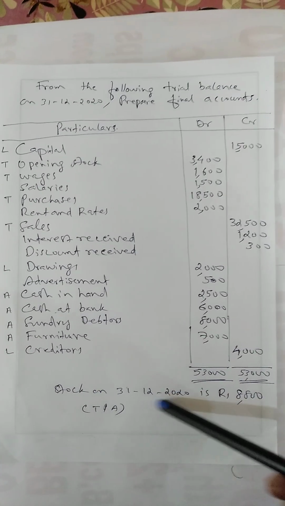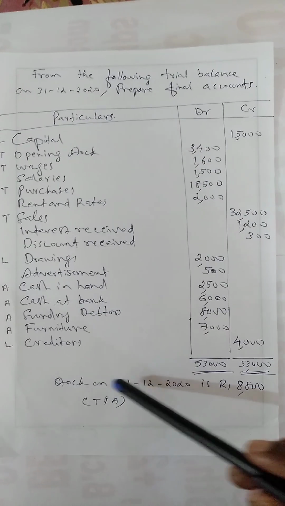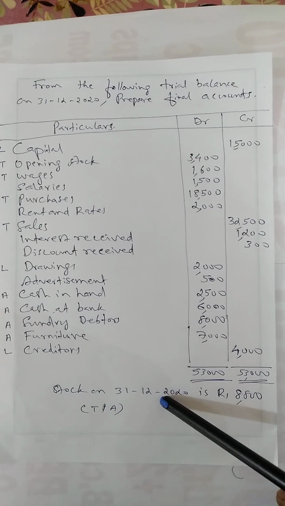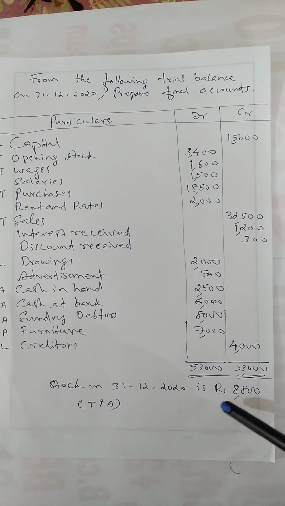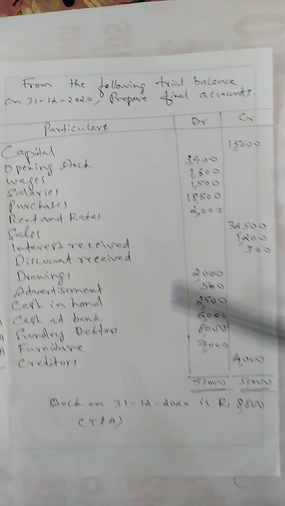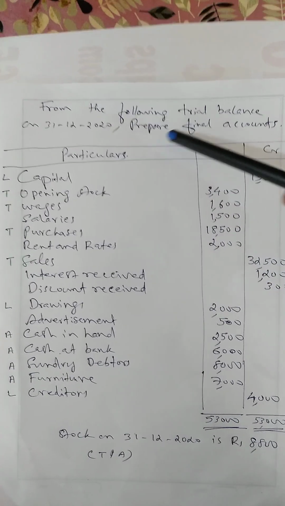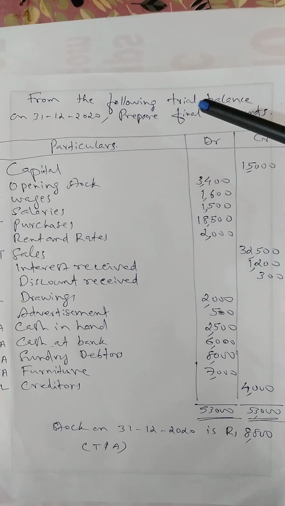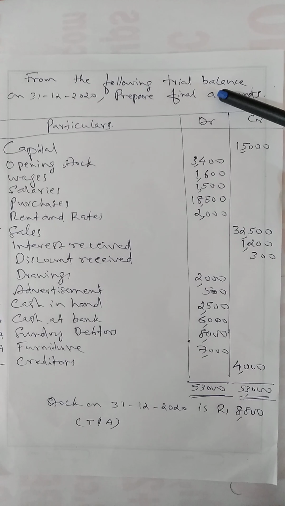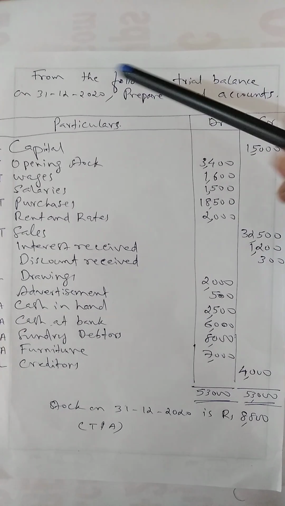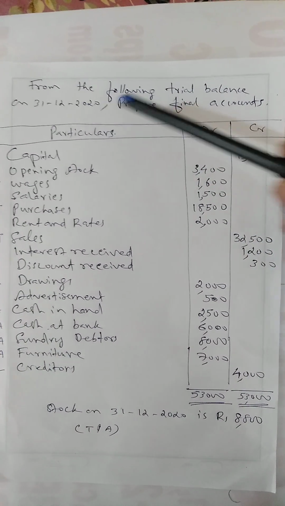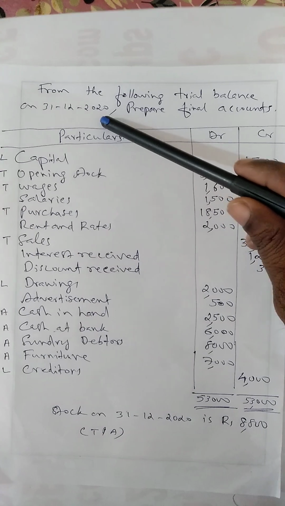Here only one adjustment is given in this question, and it is stock on 31st December 2020 is rupees 8,800. This 31st December 2020 is the last date of the accounting year of this organization. That is why here it is said that from the following trial balance on 31st December 2020.